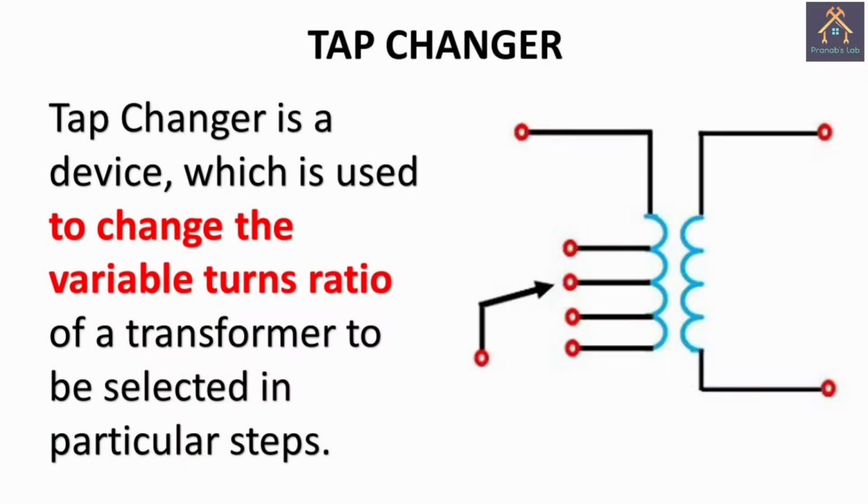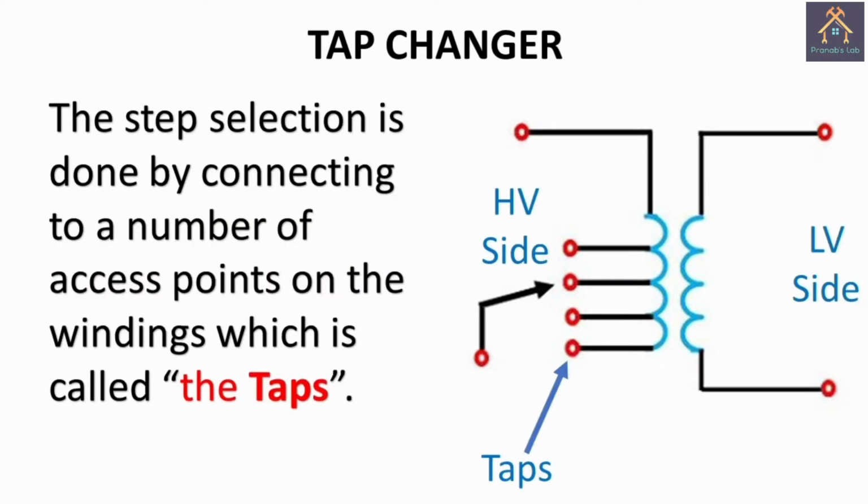Before reading the nameplate of the tap changer, let's discuss what a tap changer is. Basically, the tap changer is a device mounted on a transformer which is used to change the variable turns ratio of the transformer to be selected in particular steps. The step selection is done by connecting to a number of access points on the windings, which are called the taps.